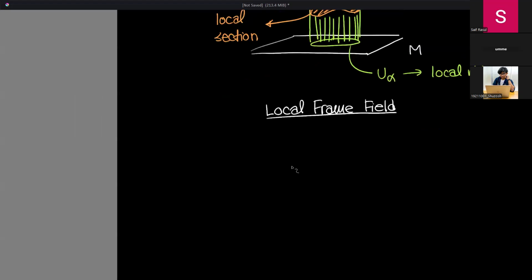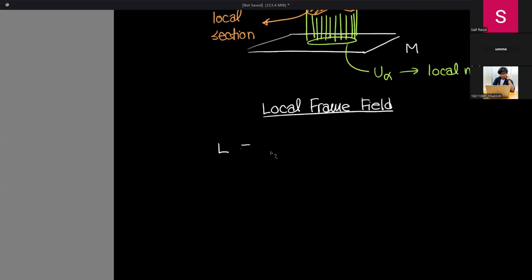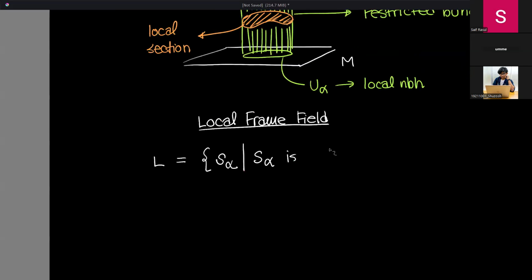A local frame field is essentially just a set L of local sections S alpha, where the S alpha are, very important, linearly independent local sections.